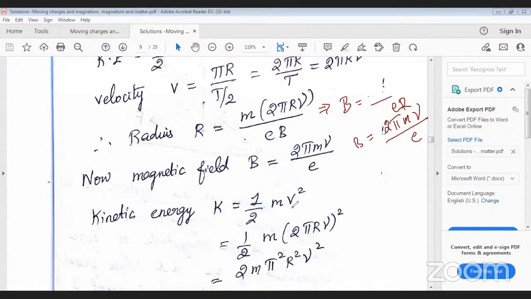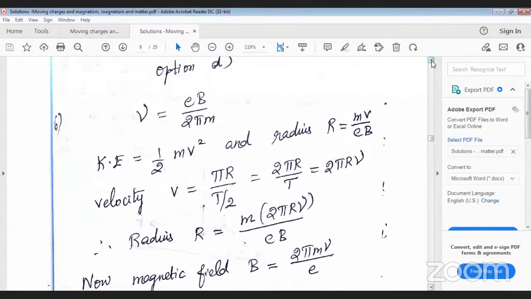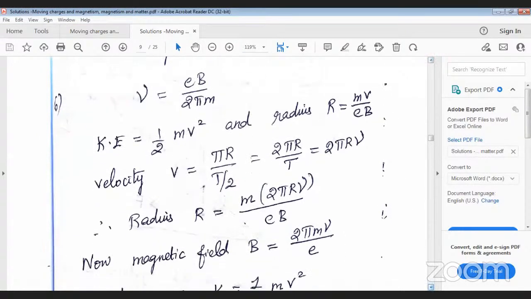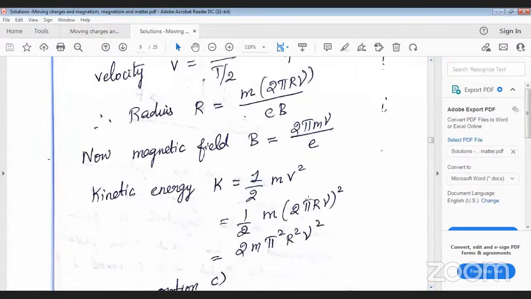How do we find the kinetic energy? Here it is half mv square, and we have derived the expression for v: v equals 2 pi r into nu. So v squared means 2 pi r nu whole squared. That will give you 4 pi squared r squared nu squared.